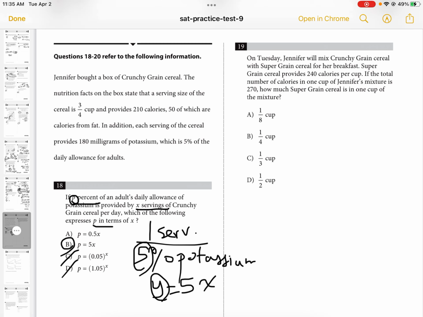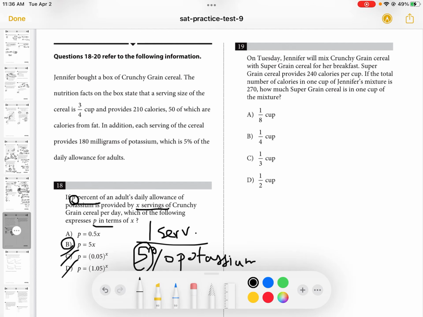Number 19. On Tuesday, Jennifer will mix crunchy grain cereal with Super grain cereal for her breakfast. Super grain cereal provides 240 calories per cup. If the total number of calories in 1 cup of Jennifer's mixture is 270, how much super grain cereal is in 1 cup of the mixture? Okay, so we know that super grain gives you 240 calories per cup.